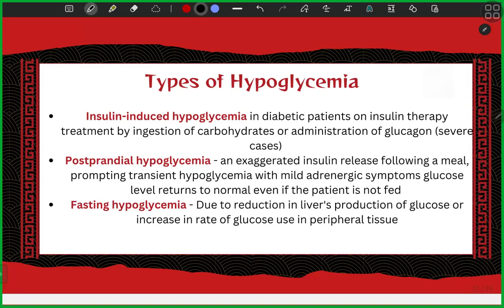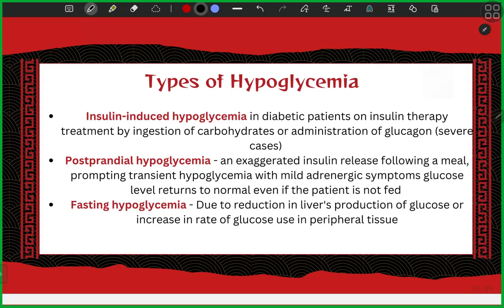Postprandial means after a meal. So if you have a big meal, you have an exaggerated insulin response. The insulin is going to decrease the glucose, and because of that you eventually go into hypoglycemia. Like the thing I told you with amino acids, that's why glucagon comes in and saves you. Then the fasting hypoglycemia.